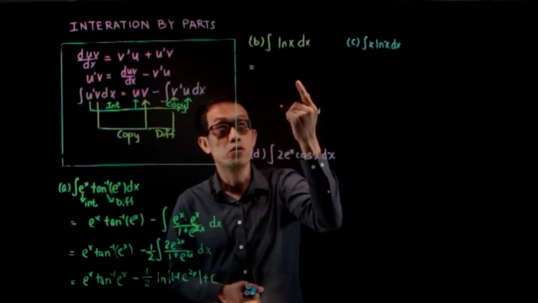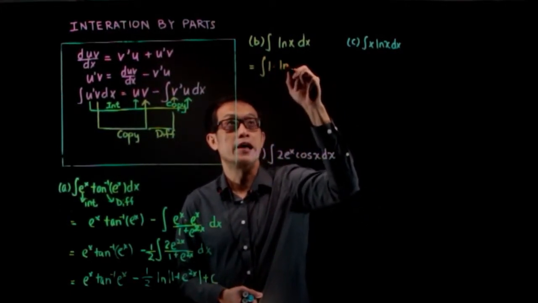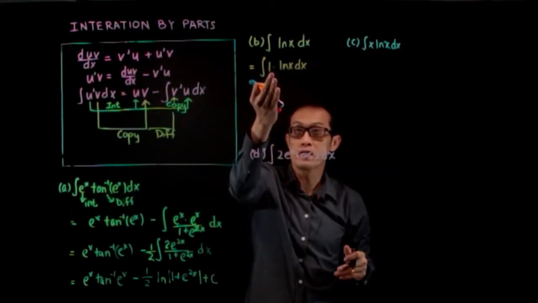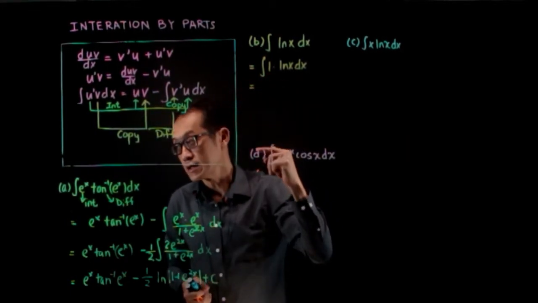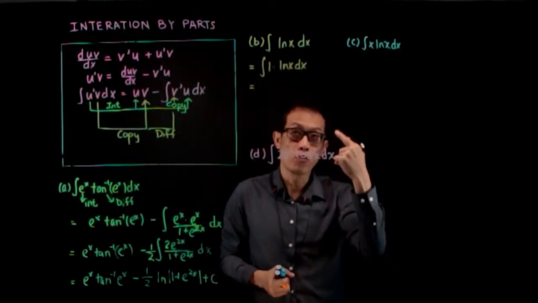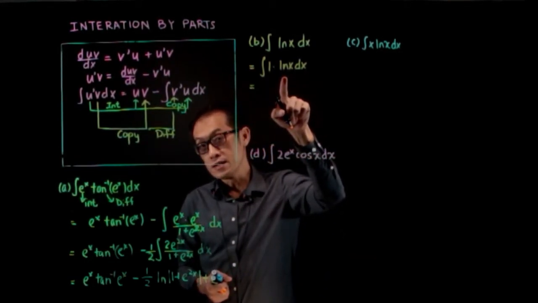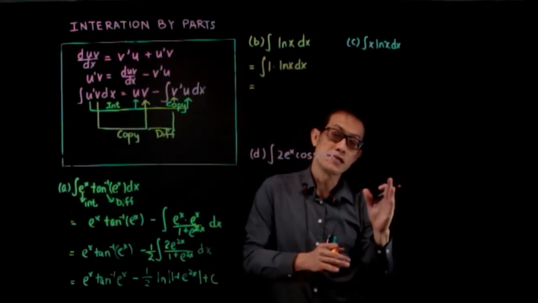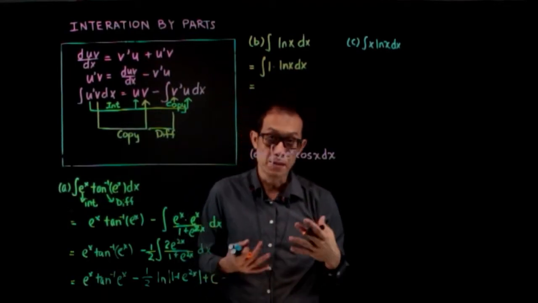What we can do is we write this as 1 times ln x. Then you have two functions here. One is a 1, a constant, the other one is ln x. Can we integrate 1? Yes, we get x. Can we differentiate ln x? Yes, we get 1 over x. So ultimately they can cancel, and the function reduces to something simpler.